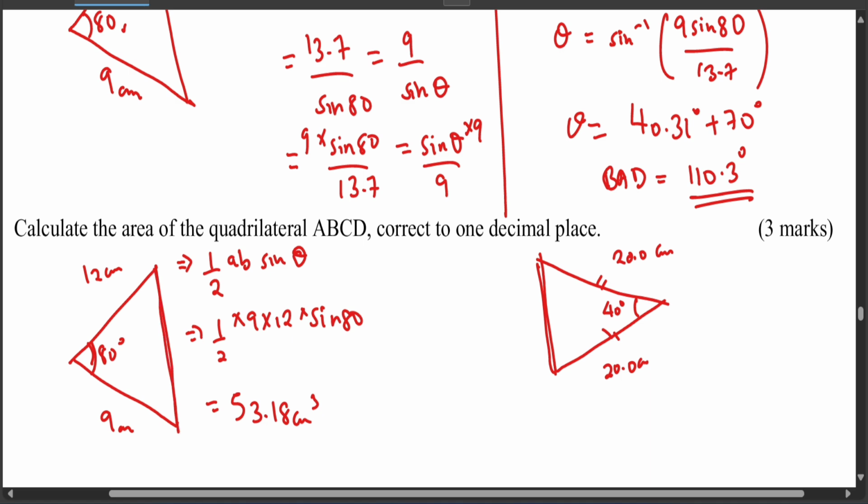That is because we usually take two sides which when they meet up make an angle. So I have half times 20 times 20 times sin 40. So it gives you 128.56 centimeter square. Don't know why did I write centimeter cube, centimeter square.